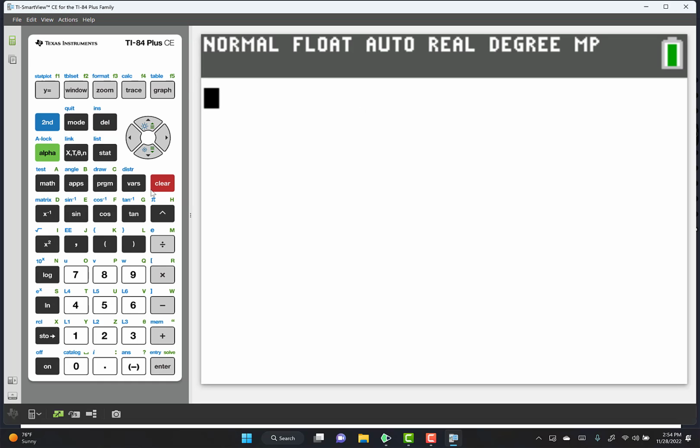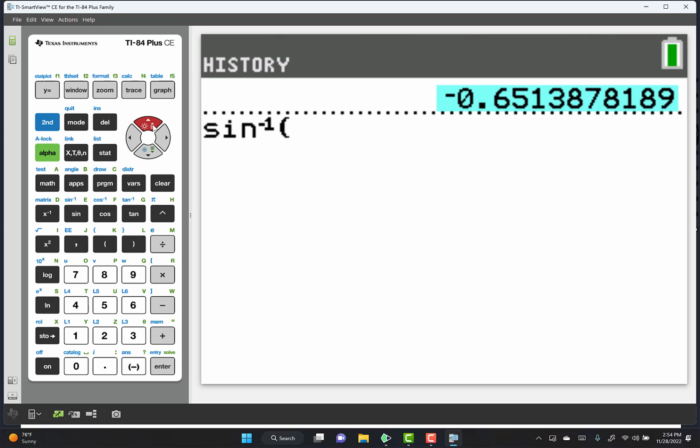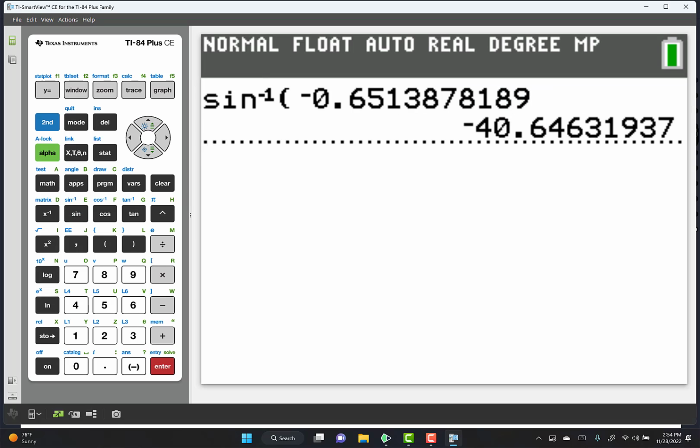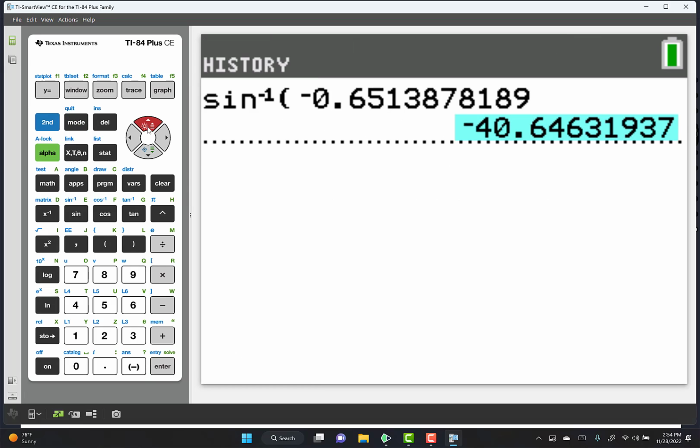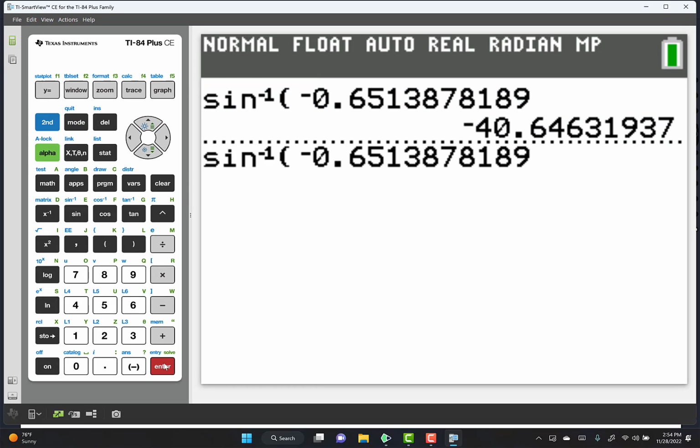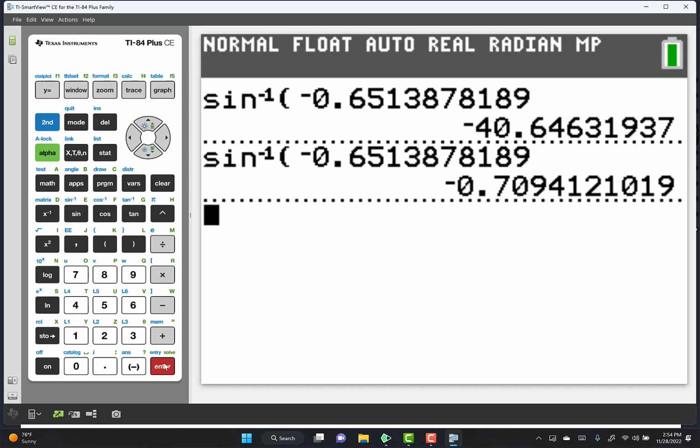Clear. Second arc sine. Let's see if we can do this. There we go. Enter. I'm still in degree mode. Mode. Radian. Finally, guys. Here we go. Enter. Negative 0.709.